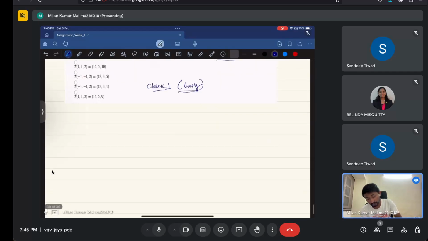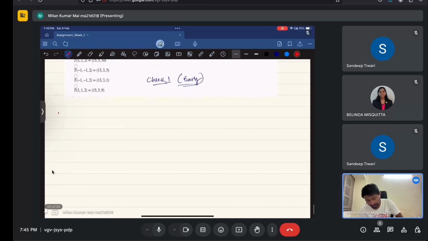Before going to the next, I'll give a little bit of formal definition. Product of two linear operators. Multiplication is not a good term.